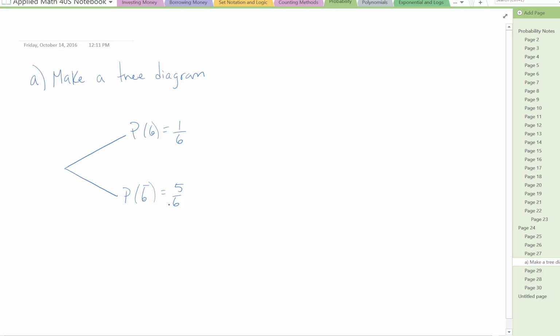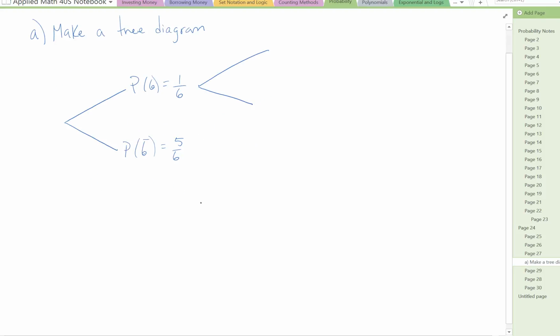Now, if you rolled a 6, when you flip your coin, it can land on heads or tails. If you don't roll a 6, you can also land on heads or tails. So the probability of landing on heads is 1 out of 2, tails 1 out of 2, and then the same if you don't roll a 6.